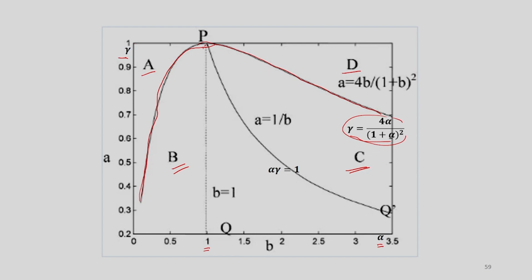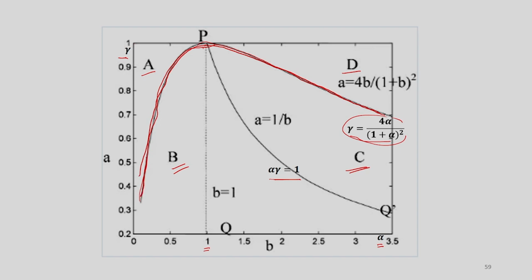For the time being, ignore this line. There is another line that I have drawn, which is alpha gamma is equal to 1. Now, the importance of that line will be made clear subsequently. Right now, we just note that this concave function, which I have denoted here by the red line, is the line which separates the three sub cases of roots.